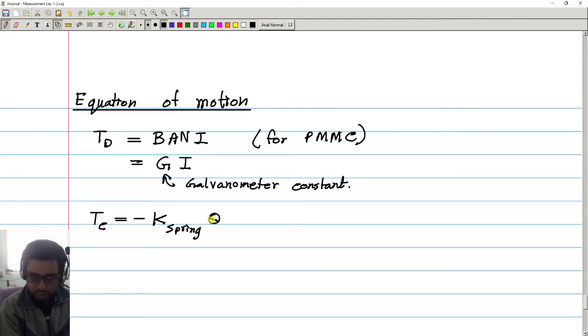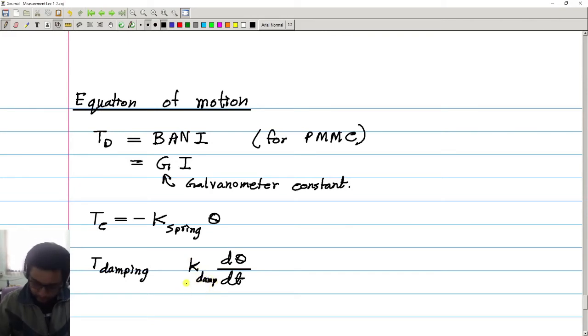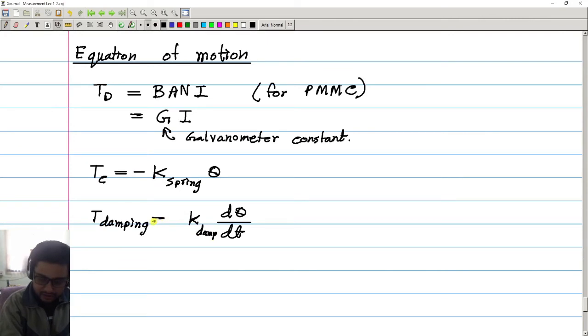Next, T damping, as some of you have already pointed out, we would like it to depend on the speed of the moving system, coil, pointer, etc. Let me put a constant, K damping constant, and to be more precise, I should put a minus sign here.